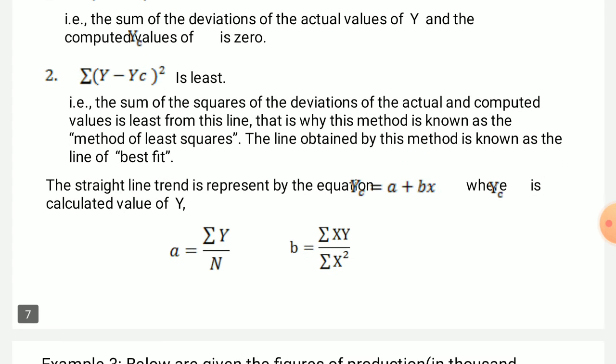Therefore yc equals a plus bx. This is the equation applied in this method to calculate the trend line.